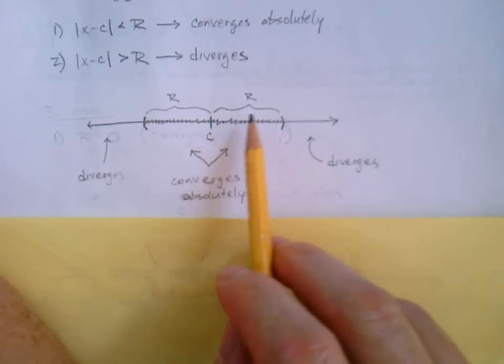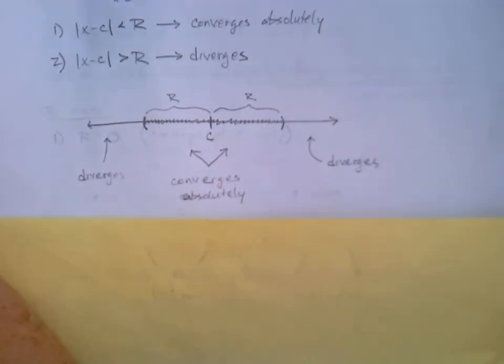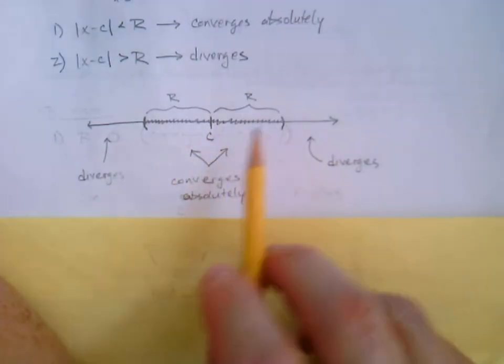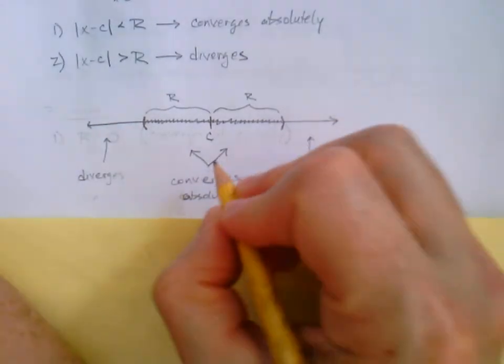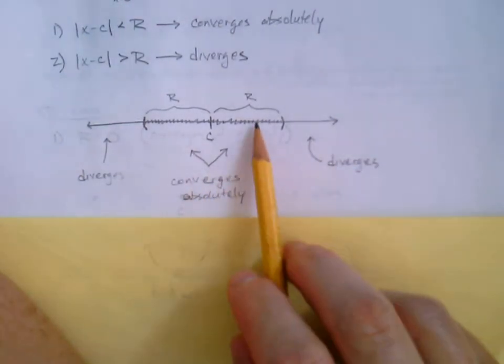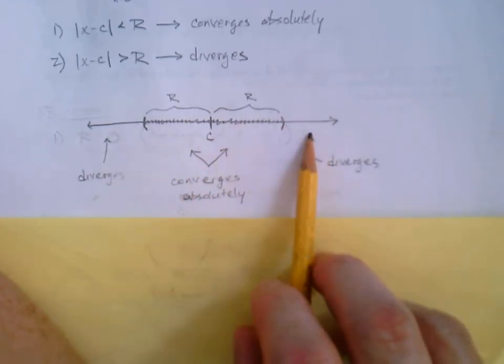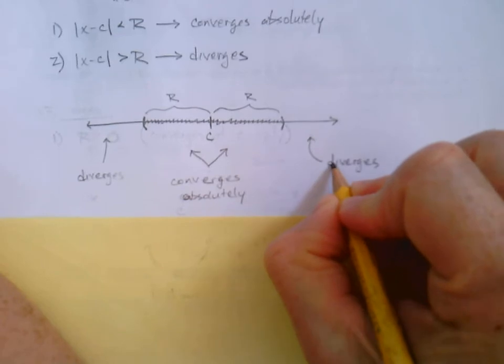And it's absolute because we're moving the same distance in both directions. It might happen that, well, I don't want to confuse. I'm going to stop there. This is what we need to know. If we go beyond our radius of convergence, then we diverge. We diverge if we get too high, we diverge if we get too low. Okay.